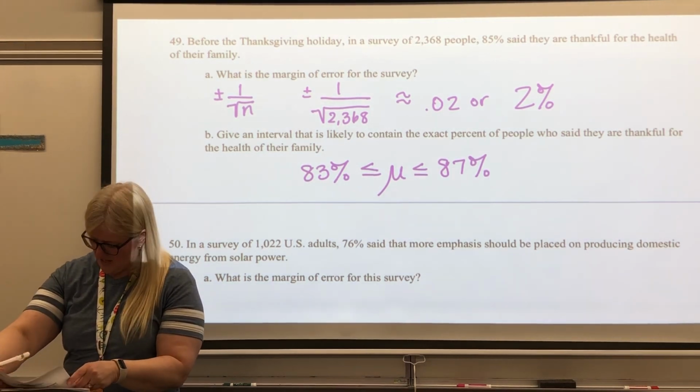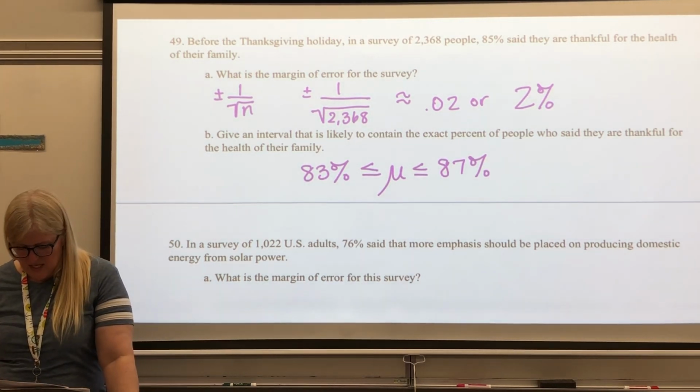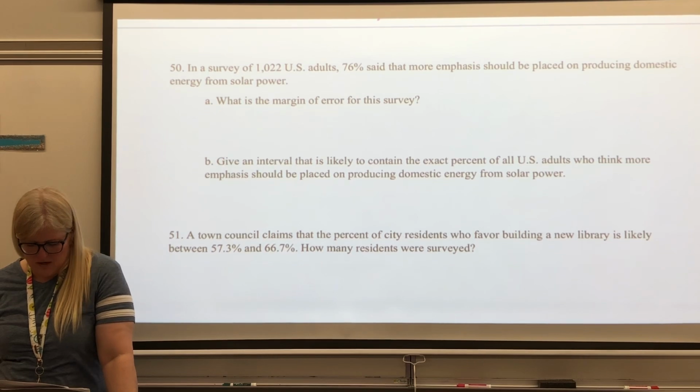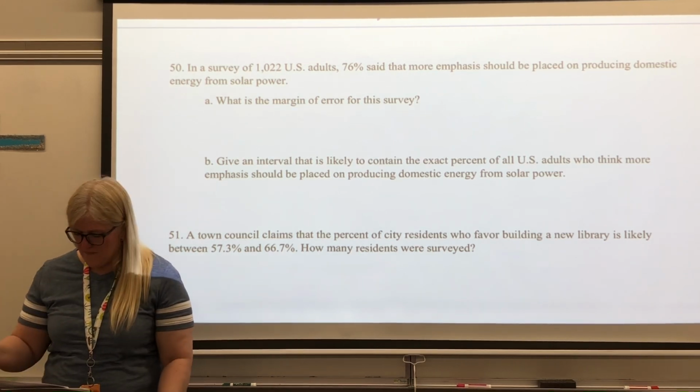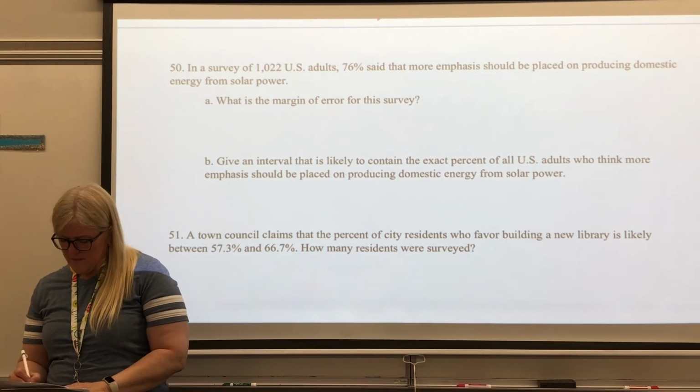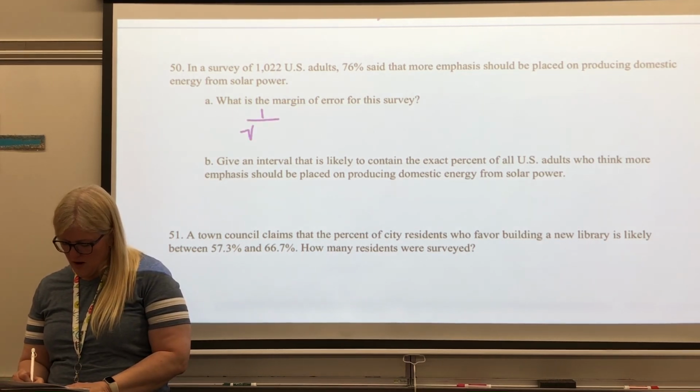Number 50 is basically the same kind of question. In a survey of 1,022 U.S. adults, 76% said that more emphasis should be placed on producing domestic energy from solar power. Okay, margin of error, 1 over the square root of the number of people.